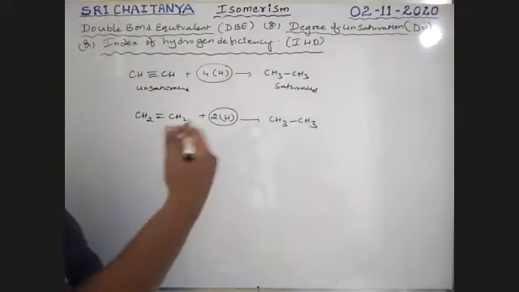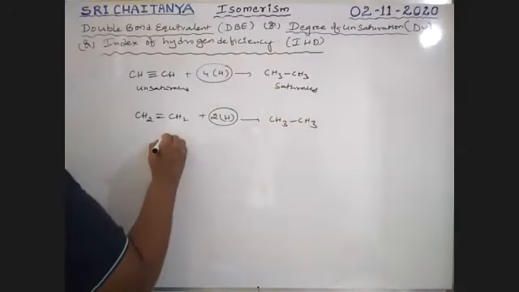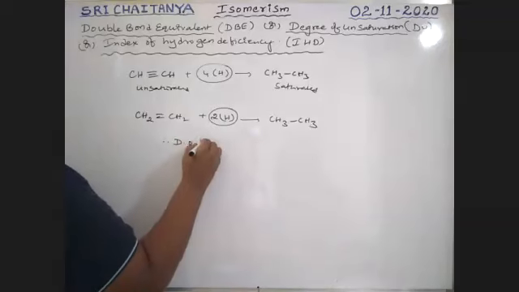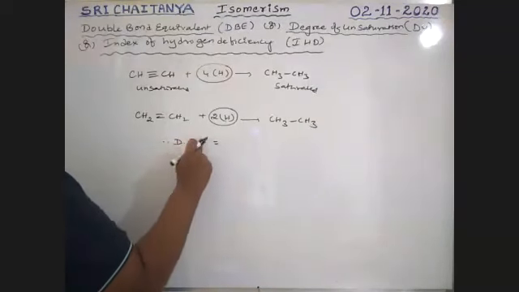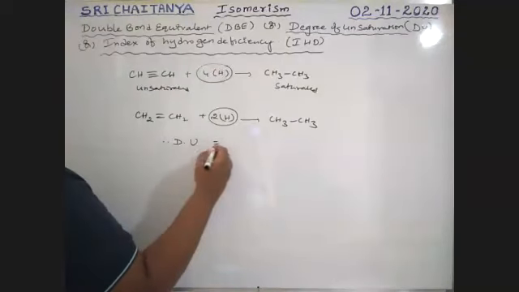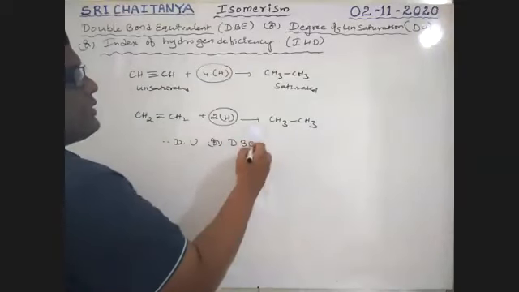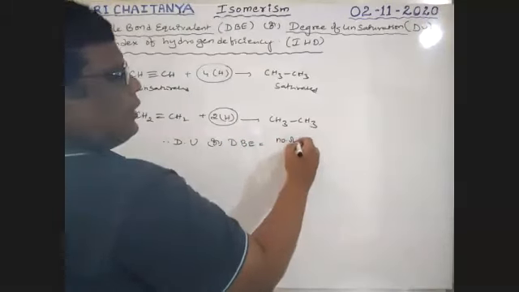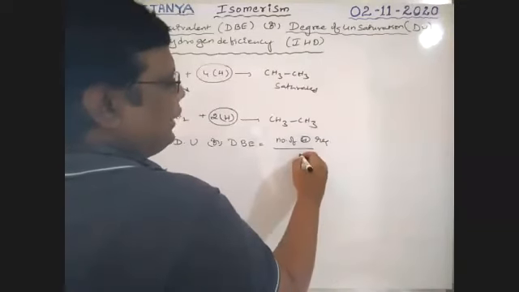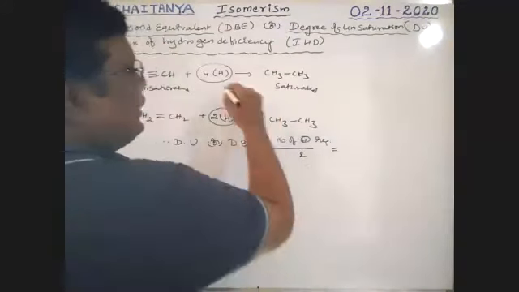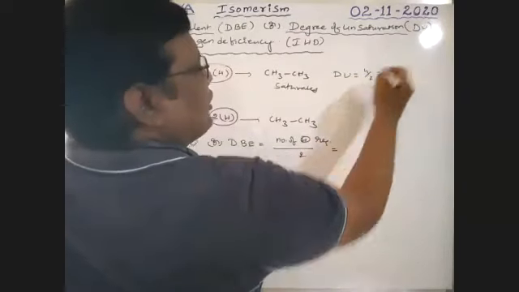So therefore, degree of deficiency, index of deficiency, degree of unsaturation, DU, or double bond equivalence, is equal to number of hydrogens required divided by 2. Here degree of unsaturation is equal to 4/2, that is equal to 2.